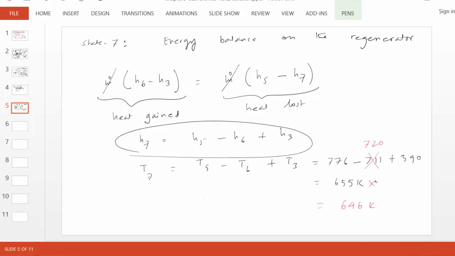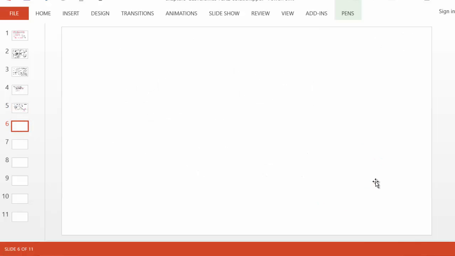We can now easily calculate what is Q dot in and W dot net.